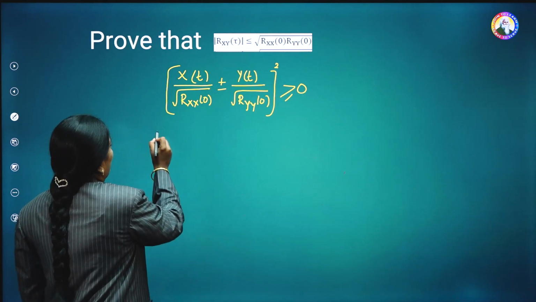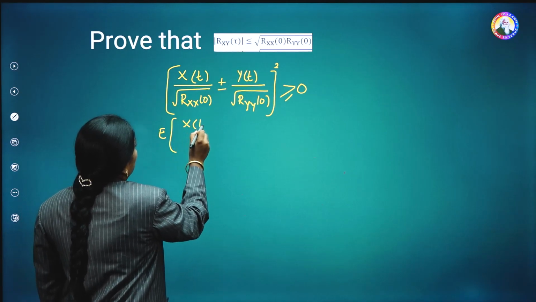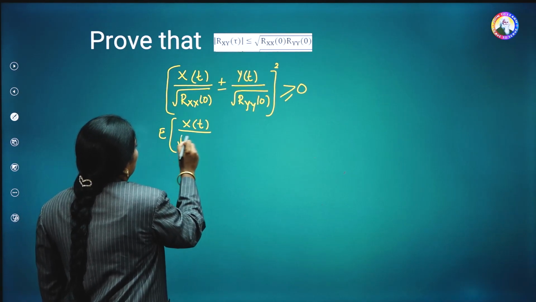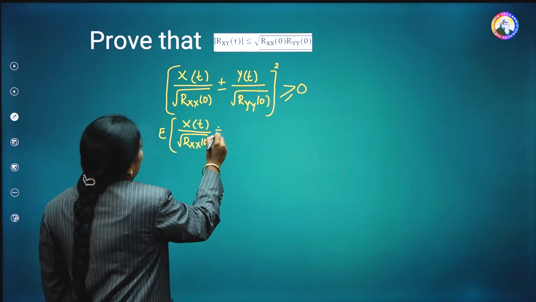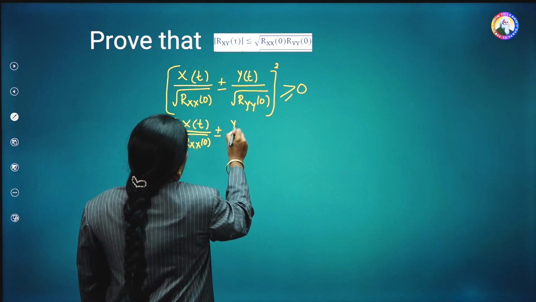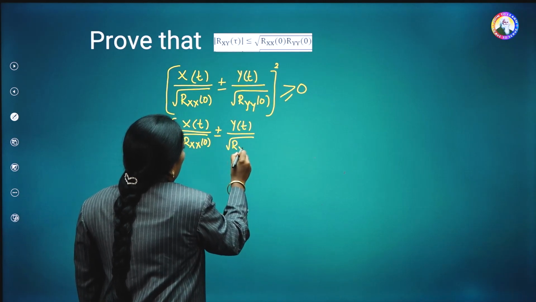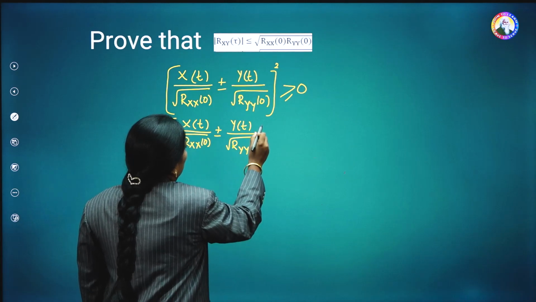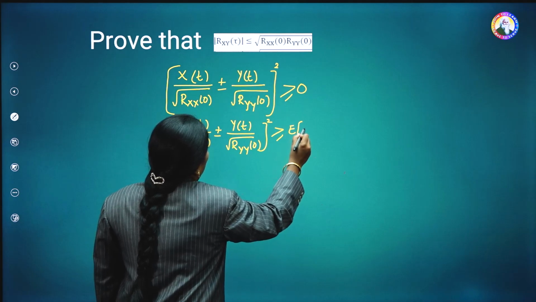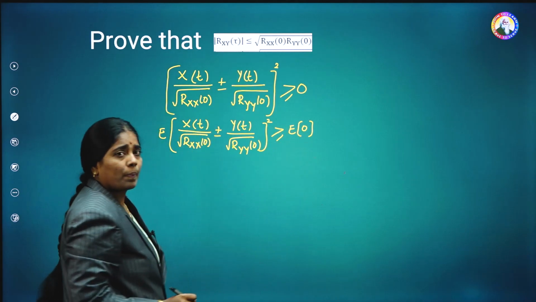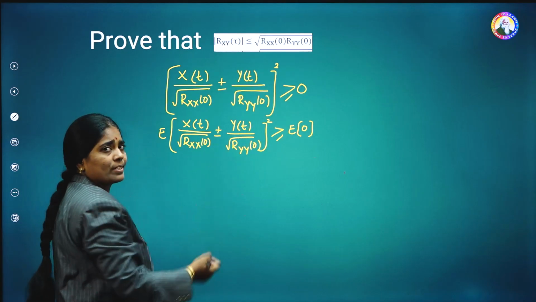That is E of x of t by square root of rxx of 0 plus or minus y of t by square root of ryy of 0, whole square, is greater than or equal to E of 0. In the next step, use the formula a plus b whole square.